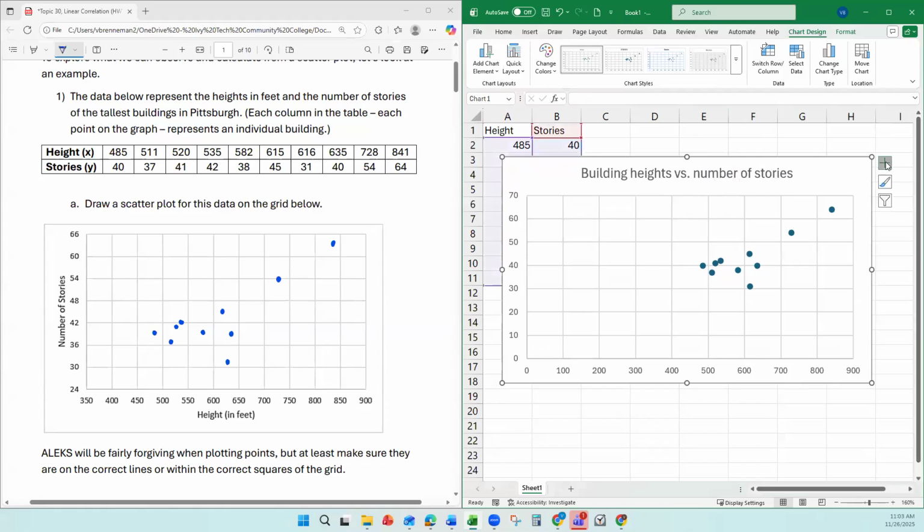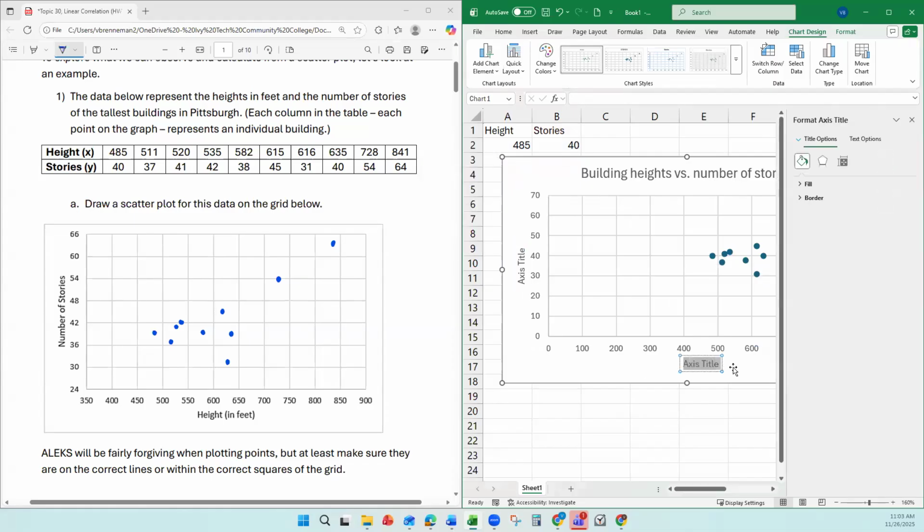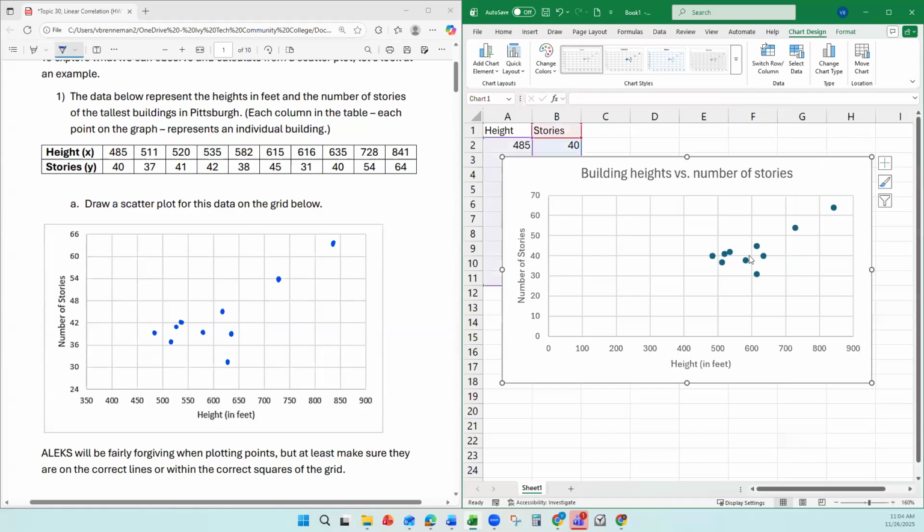I can go here and add axis titles, so then I can put in double clicking on these to edit them, height in feet, number of stories. And then notice there's a lot of white space on this graph compared to what we have here. So I can adjust because these are starting at 0 rather than at 350 on the horizontal and 24 on the vertical. So I can change that.